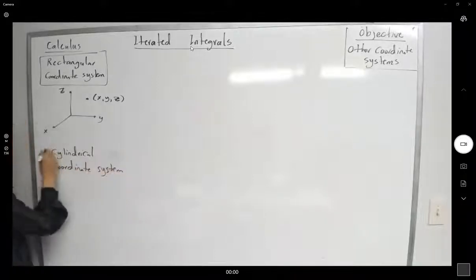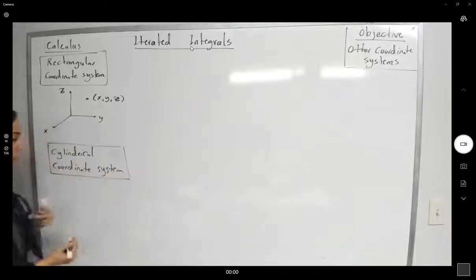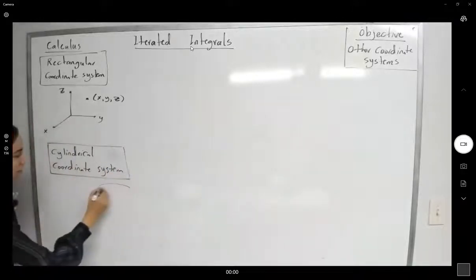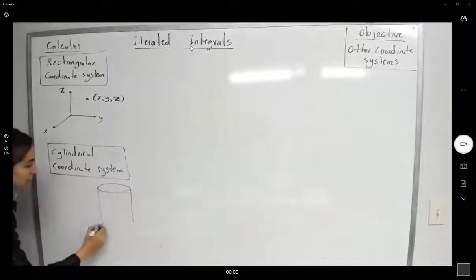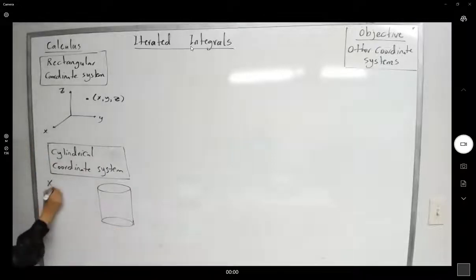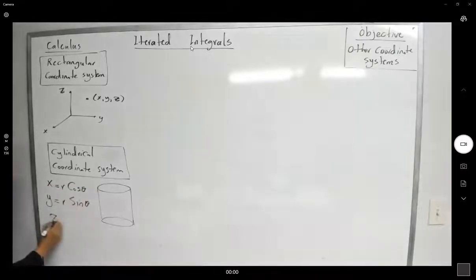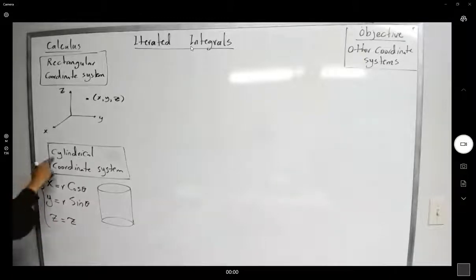We say that, hey, suppose you have a surface in cylindrical shape, then in that case, we define x to be r cosine theta, y is r sine theta, and z is equal to z. This is called the cylindrical coordinate system.